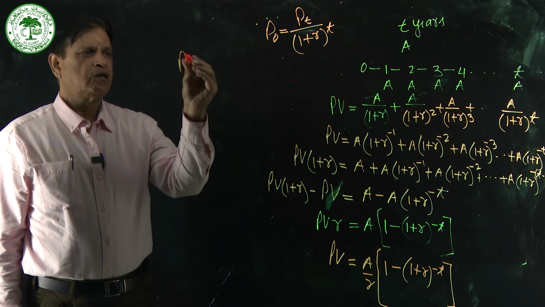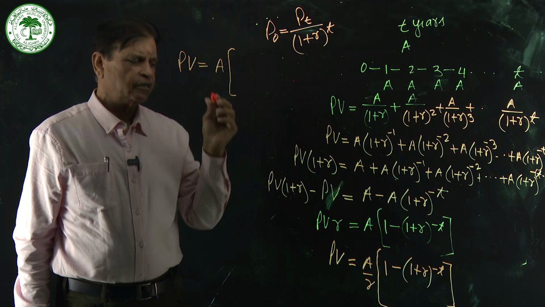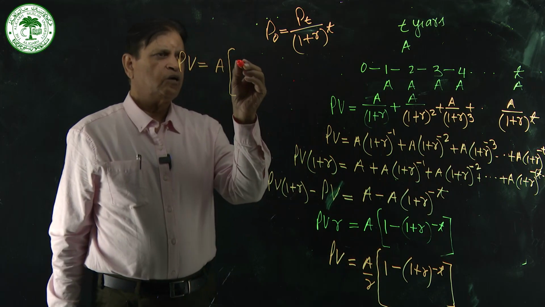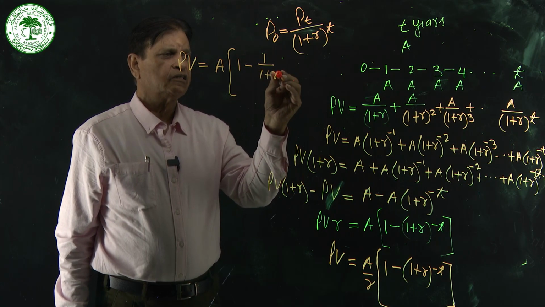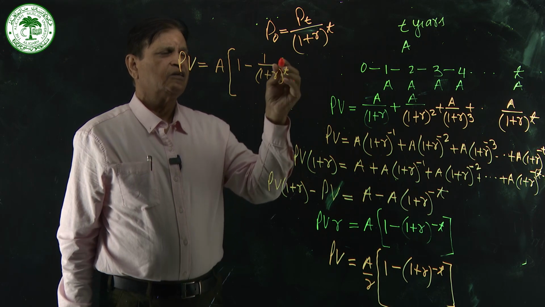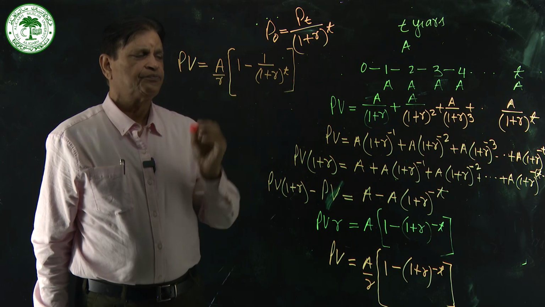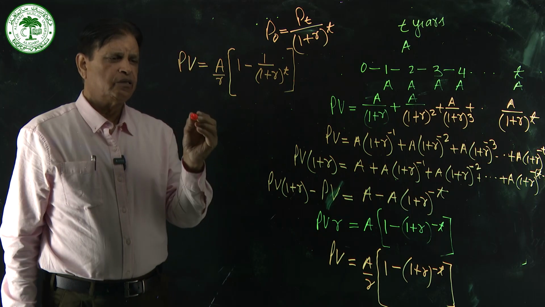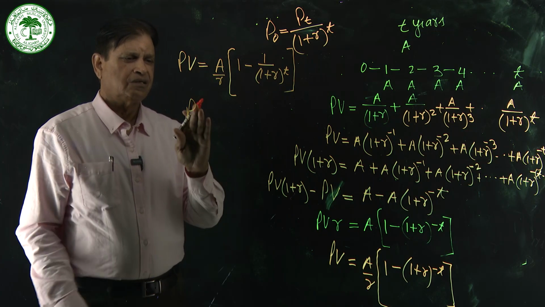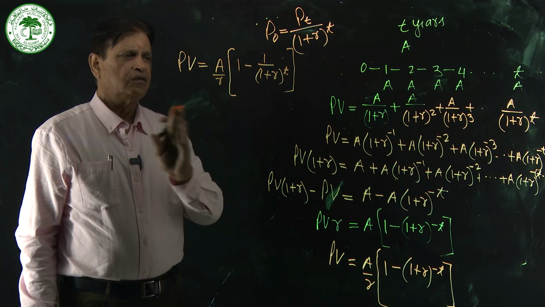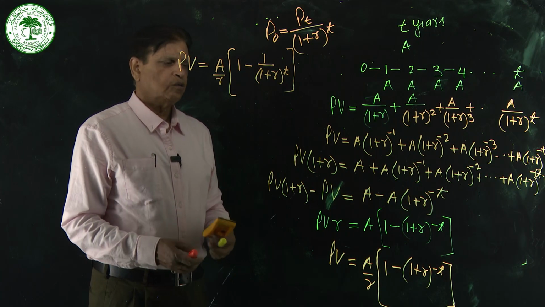The present value is A, and this we can write as 1 minus 1 upon (1+R) raised to the power T, and this is R. So this will be the present value, and this is how we can calculate the present value of an annuity.